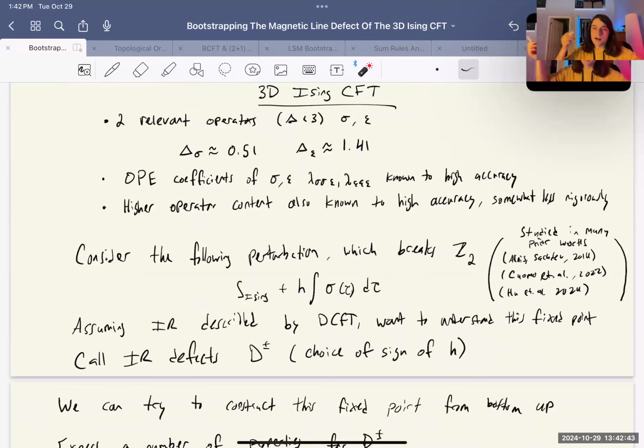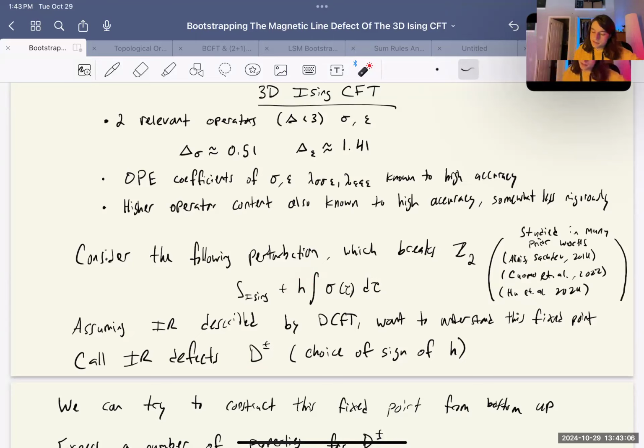Because sigma is odd under the Z2 symmetry, the line that we get in the end will not respect the Z2 symmetry. So we're going to have this defect, which I'll call D plus or minus, depending on what sign we chose for h. The plus defect will get mapped to the minus defect under a Z2 transformation.